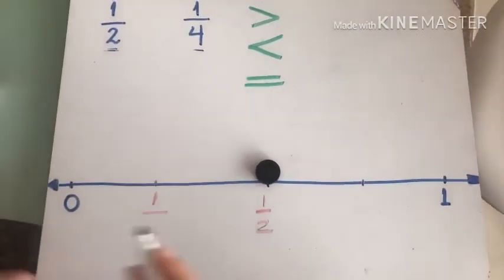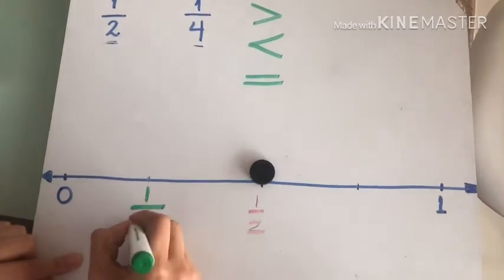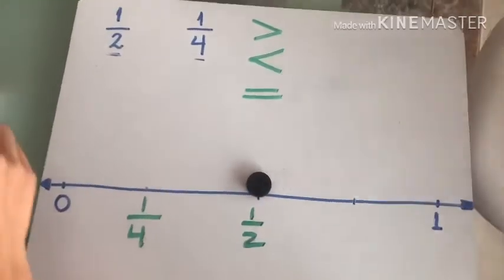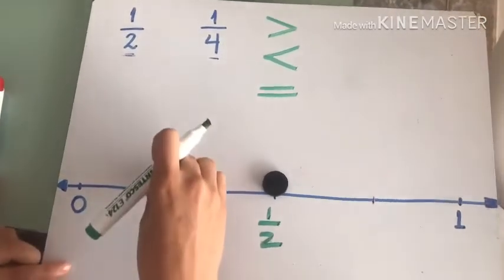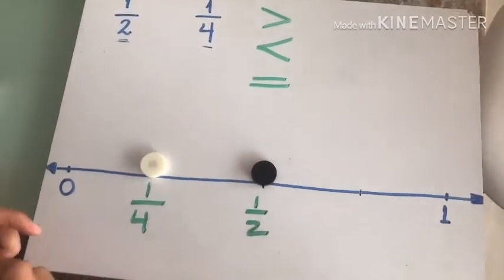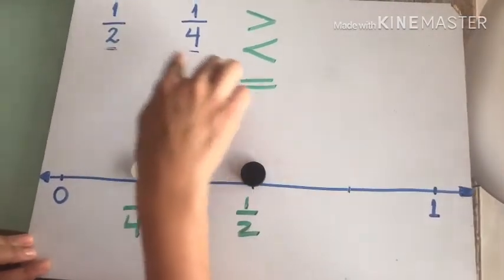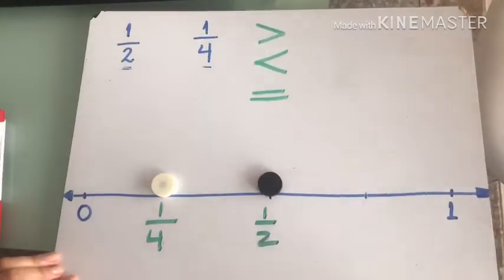This is not working really good. Okay, and I'm going to put my little dot right here with a different color. Why? Because my 1/2 has one denominator and my 1/4 has a different denominator.